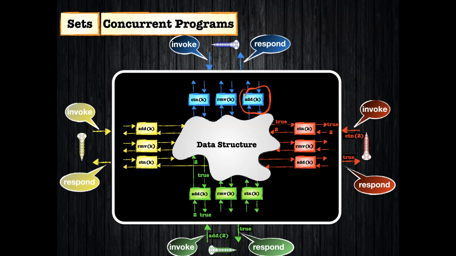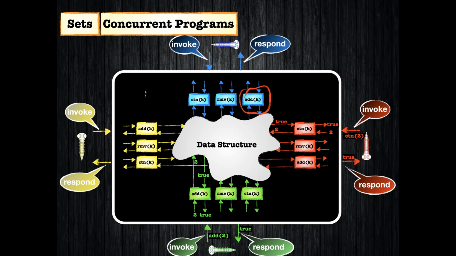So all this we have done in the previous lectures. Now the view of a program that we have is that we have different threads, each of which has its own copies of the methods or the modules implementing the methods, but the data structure is common. And in particular, because now we need to reason about linearizability of the program, we would like to show that regardless of which concurrent history the program generates, you can linearize that concurrent history in order to obtain a behavior that's allowed by the abstract data type.